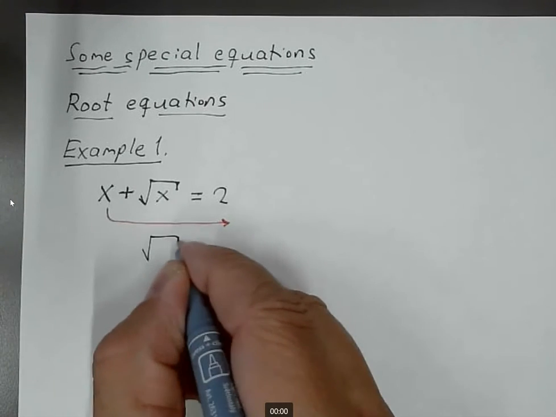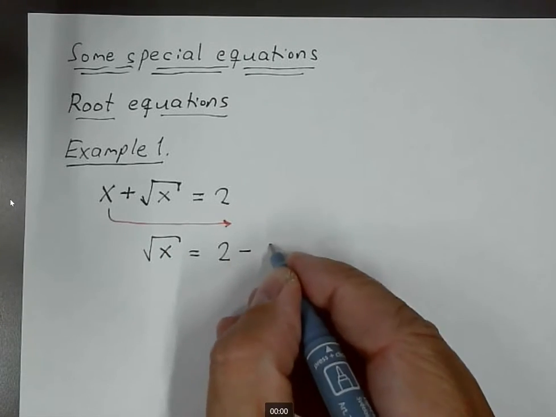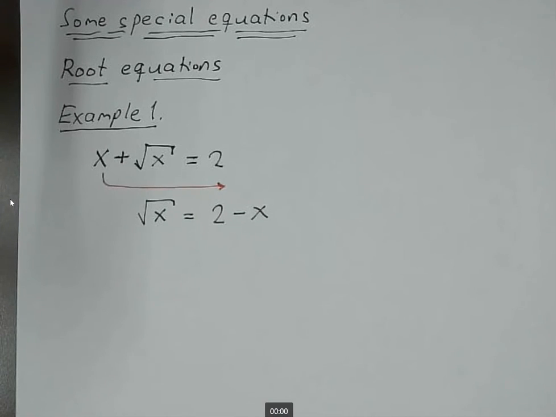So we have square root of x equals 2 minus x, sign change there. And now we have the step where we have the root only on the left hand side, or it doesn't matter if it is on the right hand side. We will continue with the same method.